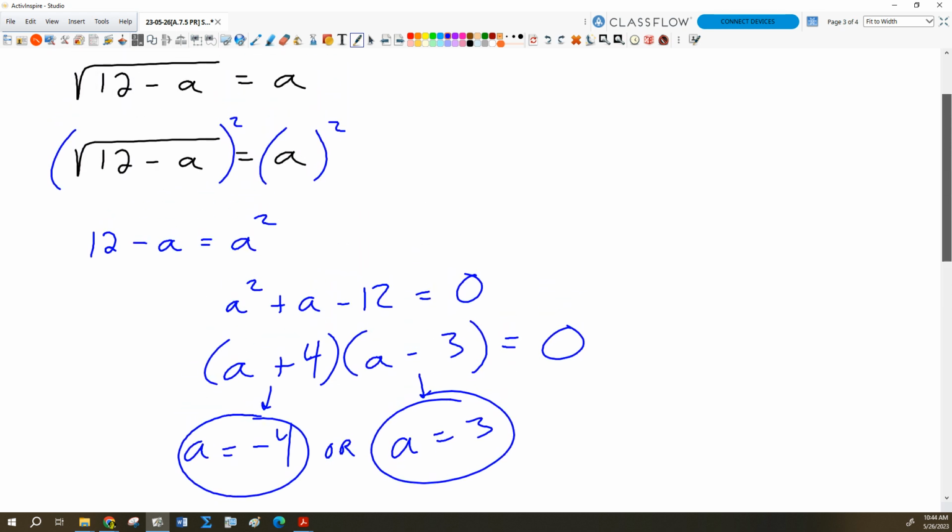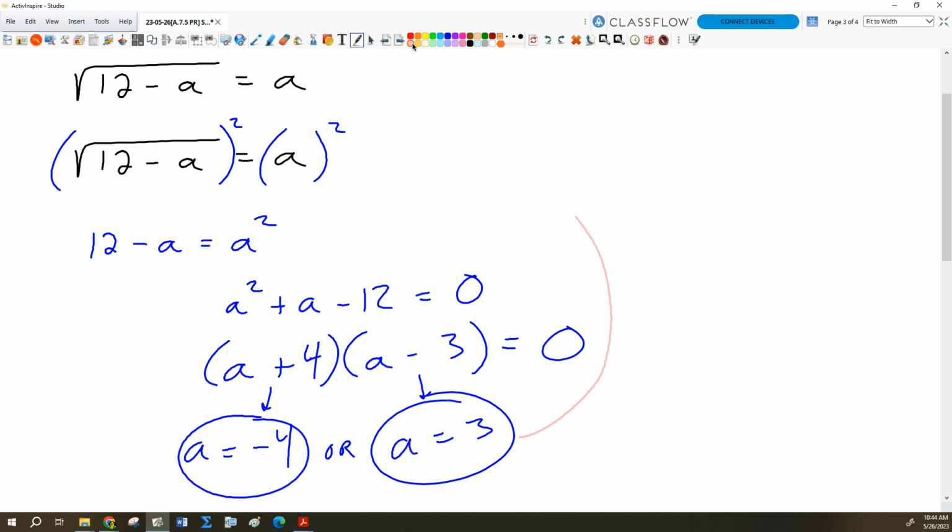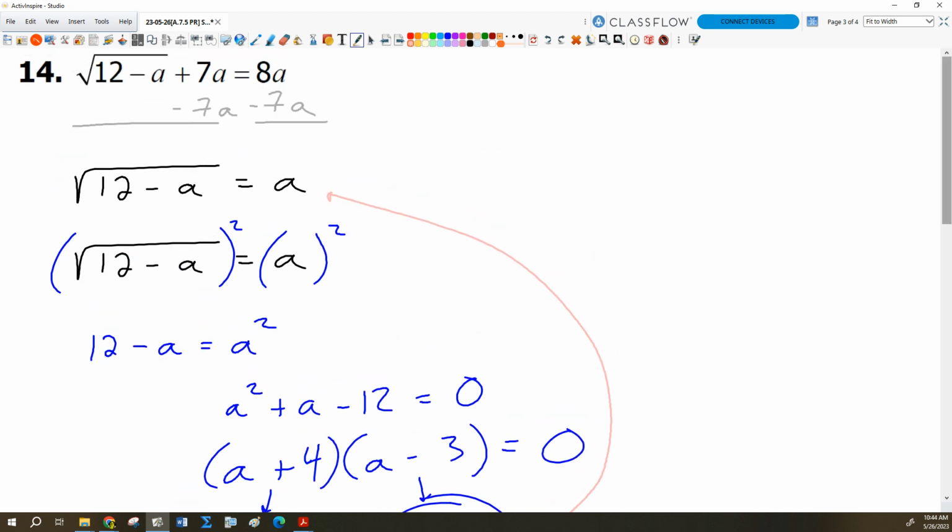So I'm going to go back and plug those into here and just see if they work. I don't have to do the original. I could, but I don't have to. Why is this one okay, but this one's not? Before I square it. As long as I go back to before I square it, I'm okay.